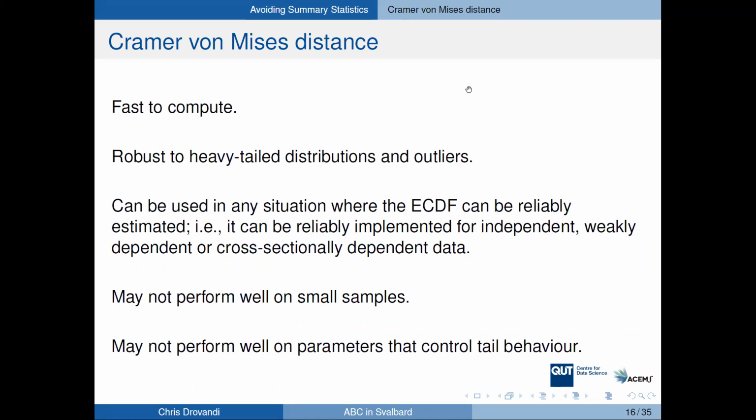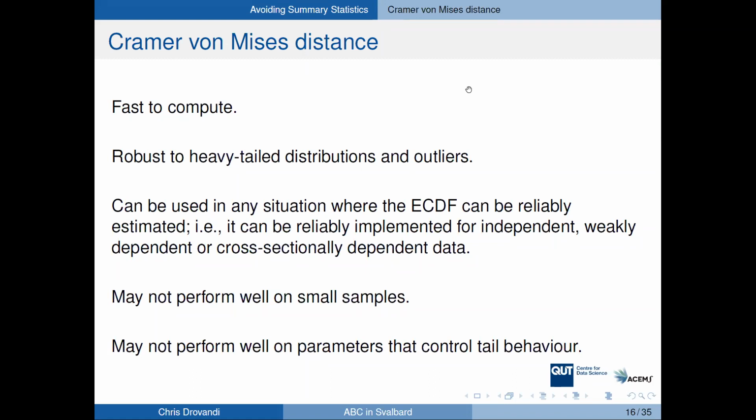Another potential advantage is that we can use this method in any application where we can reliably estimate the empirical CDF. So it might be a little more applicable to some different applications, for example, when we have some kind of dependent structure in the data. Some potential limitations are that we found it doesn't necessarily perform very well when we have small samples.